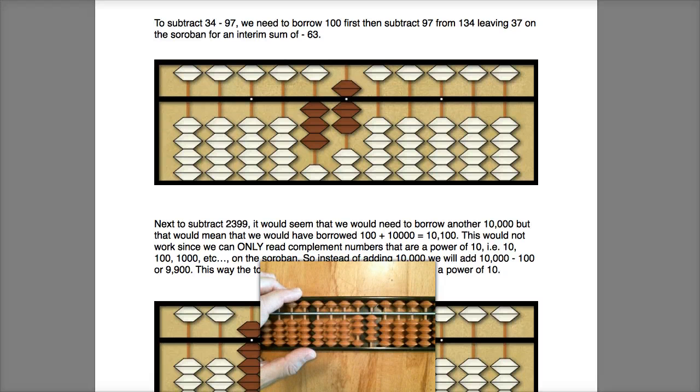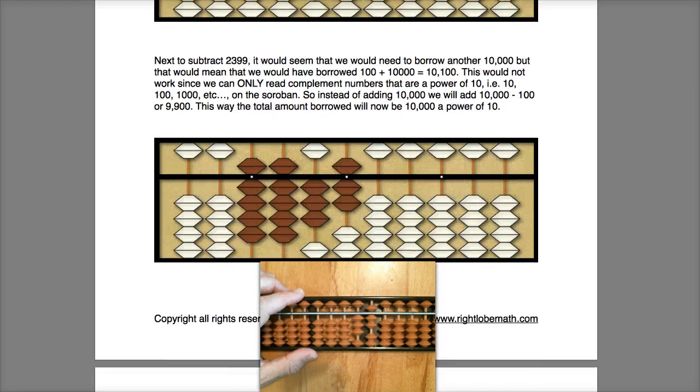Like before, we're going to need to borrow 100. So subtracting 97, I would end up with 37 on the soroban. But since we had to borrow, we read this interim sum from the complement, which is a minus 63.